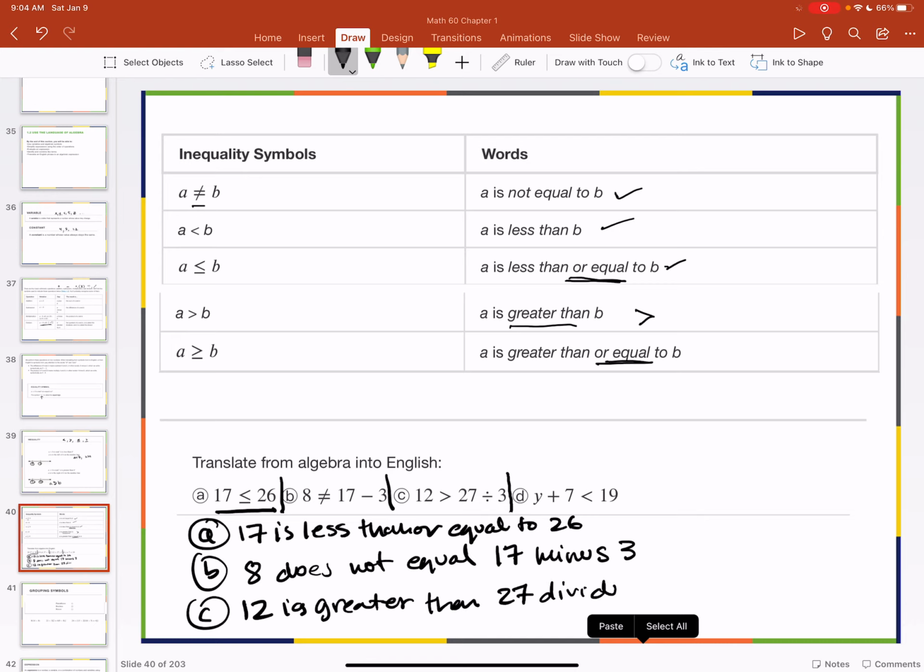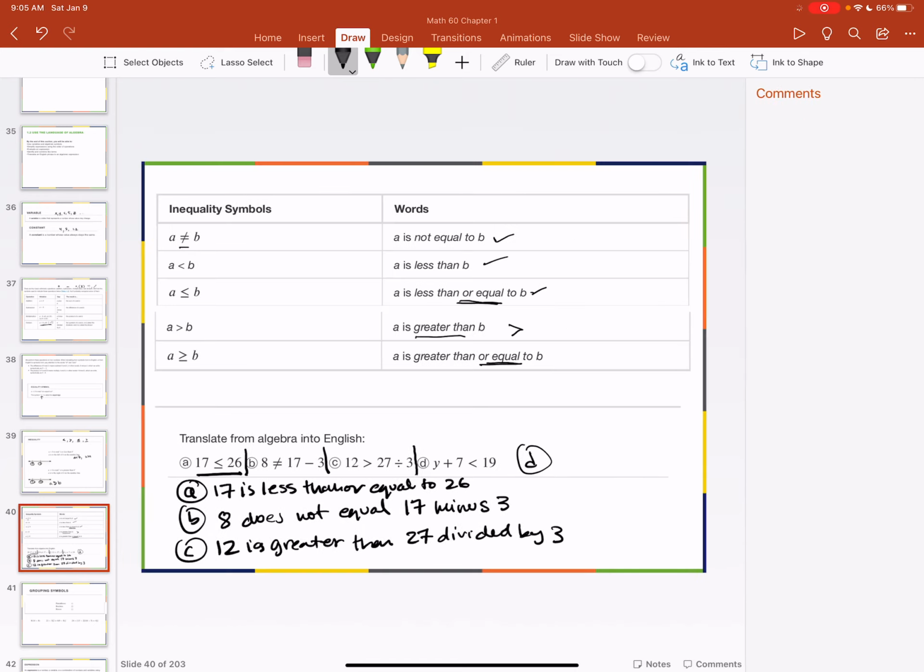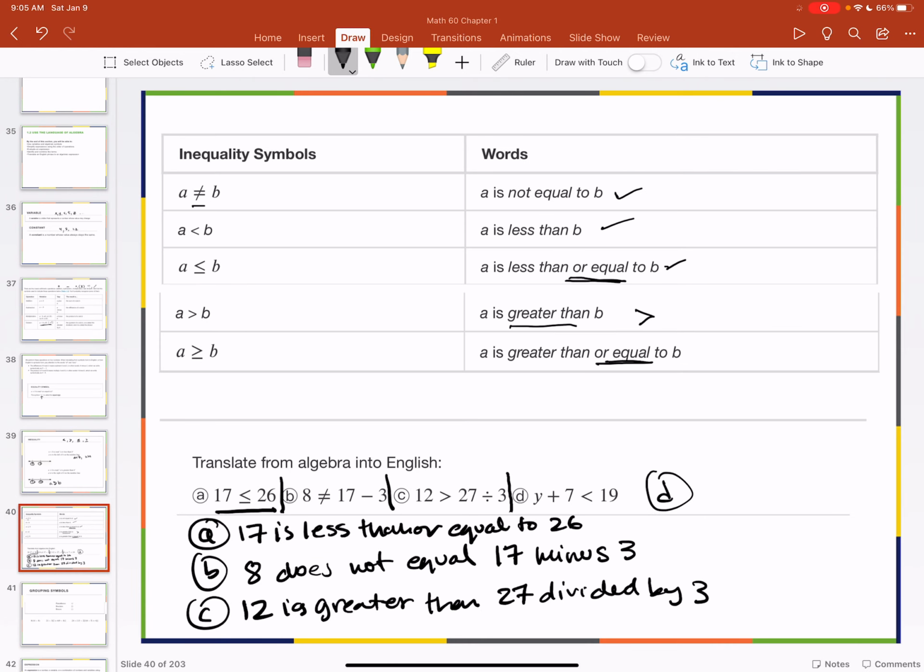And then finally for D, we have the sum of y and 7, or we have y plus 7. Y plus 7 is less than 19. Okay? So just to start getting familiar with the terminology, we're kind of easing into it, it's not stressful.